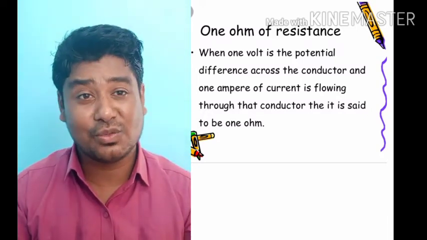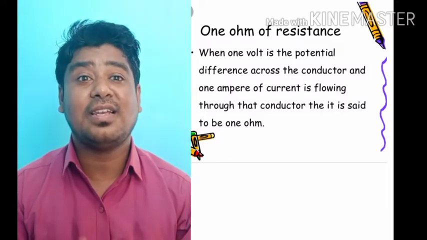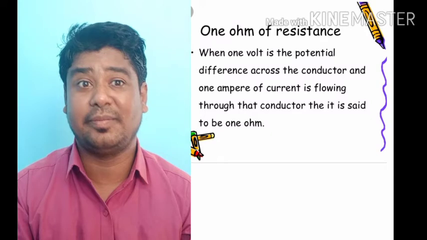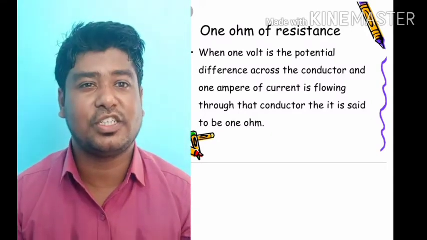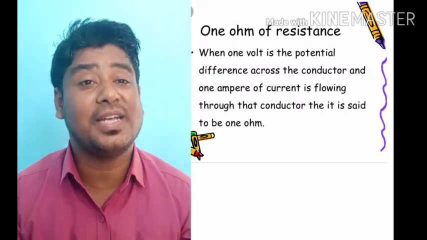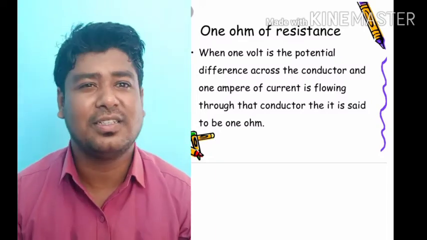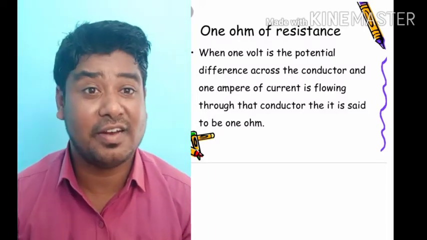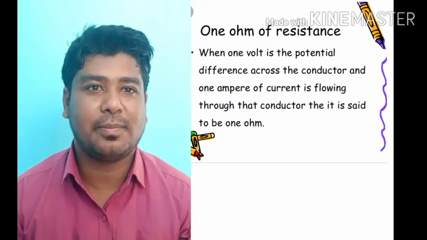If the current flowing is 1 ampere and the potential difference between two ends is 1 volt, then the material will have 1 ohm resistance. That is the definition of 1 ohm. This is also important. If definitions are asked in the exam, these kinds of definitions will be asked. Simple definitions will not be asked in science nowadays, whether it is CBSE or state board. Fine, so that's about 1 ohm.